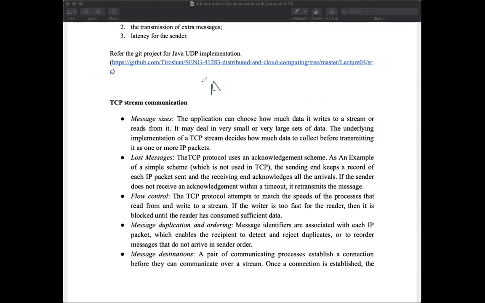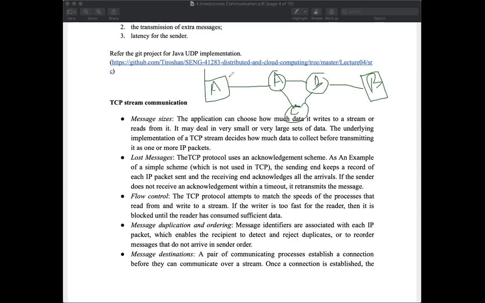Again, let's say I have A and B. We have router A, router B, and router C. So in this TCP connection, there will be an initialization communication between the sender and the receiver in order to find a route or make a connection.